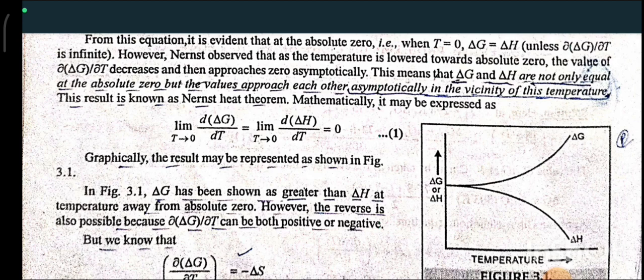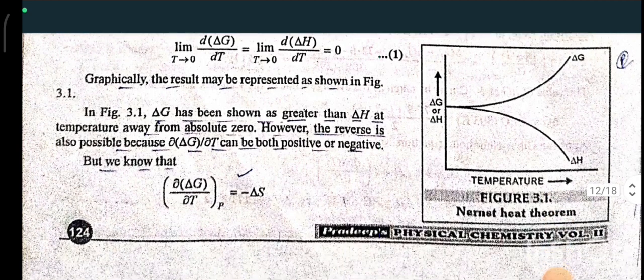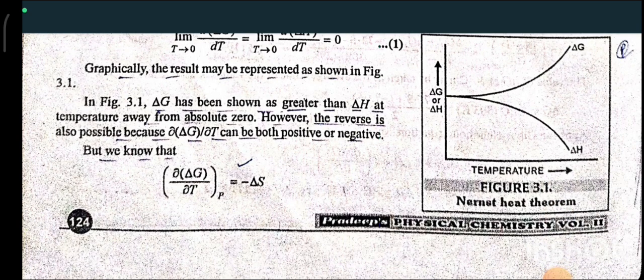Limit as T tends to 0 of d(ΔG)/dT = limit as T tends to 0 of d(ΔH)/dT = 0. In the figure, ΔG has been shown as greater than ΔH at temperatures away from absolute zero.